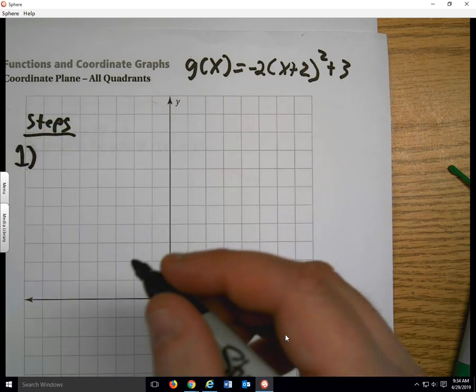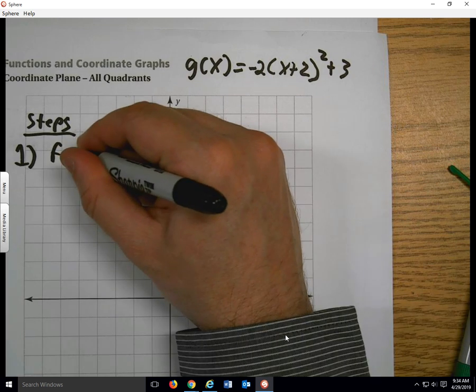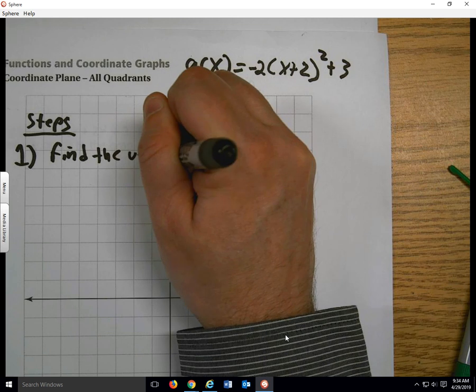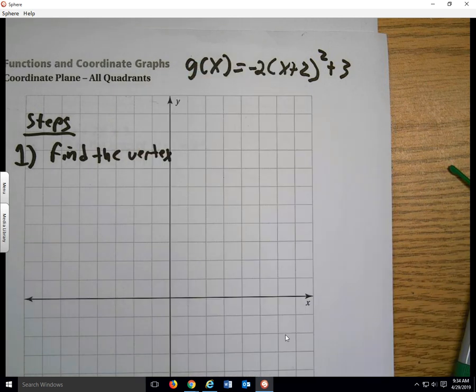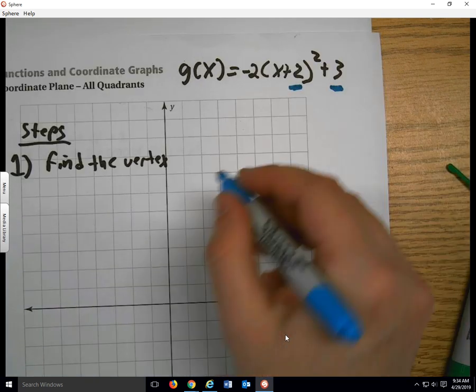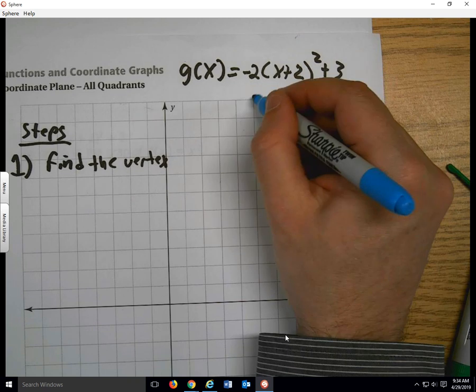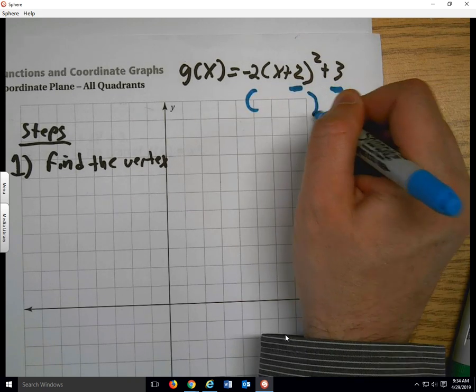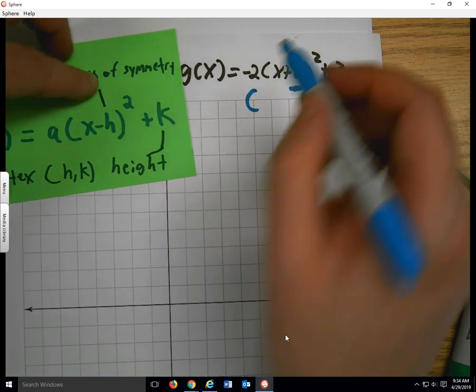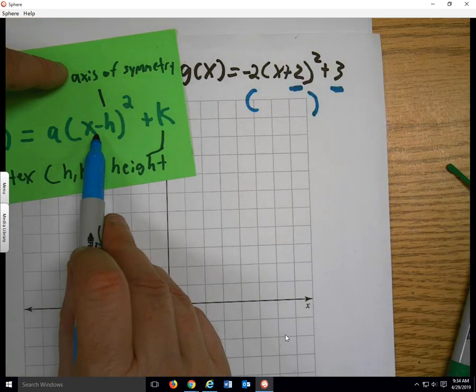Okay, so the first step would be to find the vertex. And remember how we find the vertex: we just take the h and the k. Now remember, the vertex has a negative h.